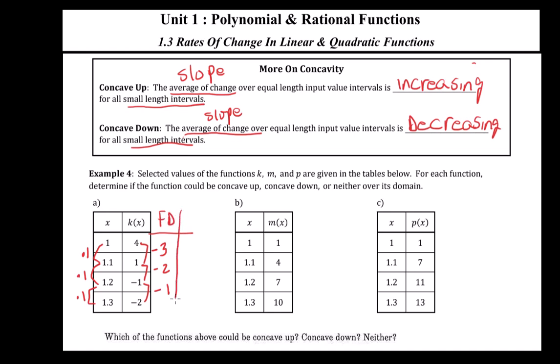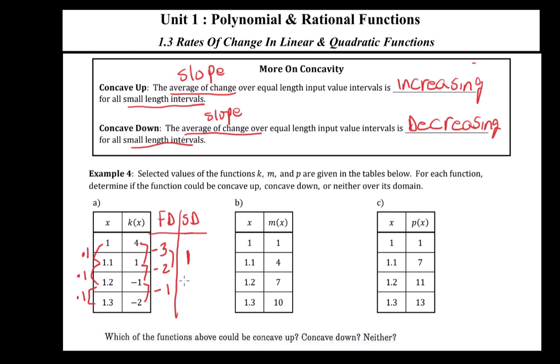Now we have to do the second difference because we're talking about concavity. Negative 2 minus negative 3 is positive 1, not negative 1.